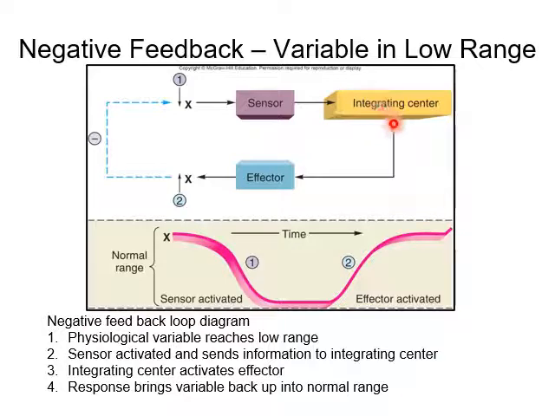The integrating center sends out instructions to an effector that is going to raise variable X. Once variable X is in a homeostatic range, we can negatively feed back and that stops this pathway. So the negative feedback keeps it from going too high. The negative feedback keeps the variable from going too low. It keeps it vacillating within that range.